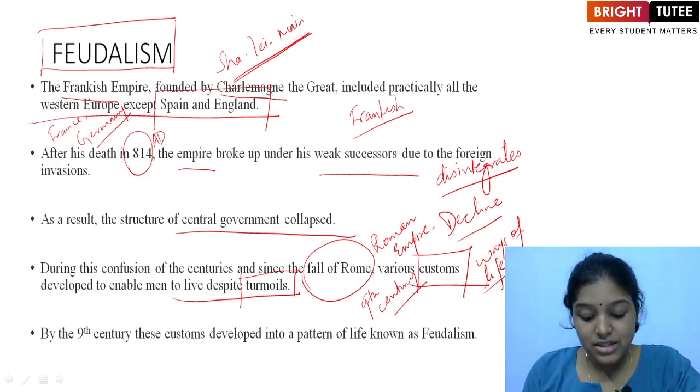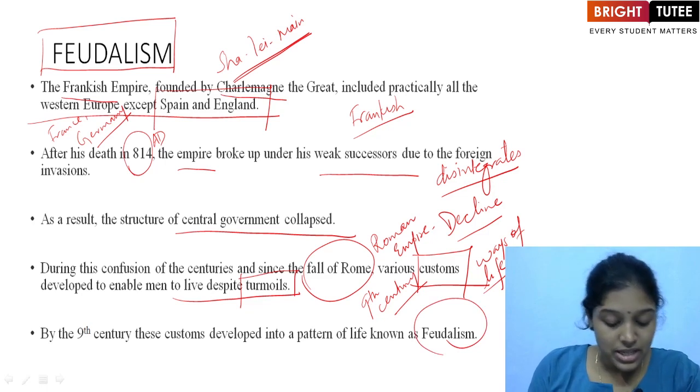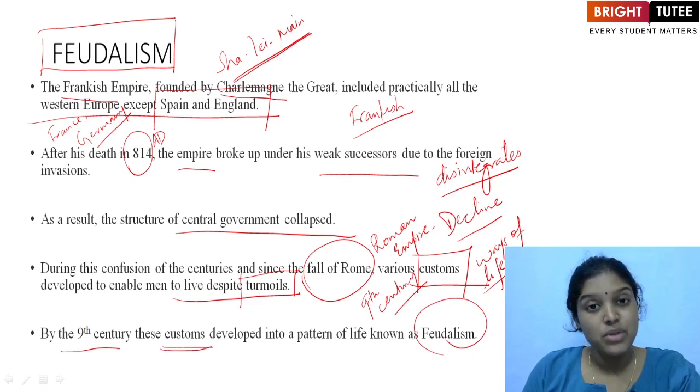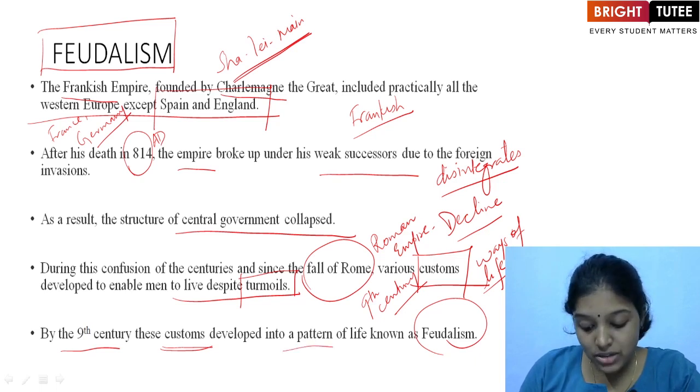And as a result, we see a new social institution develop, that is feudalism. By the 9th century, these customs, these new ways of life and new ways of social organization, develop into a pattern of life.